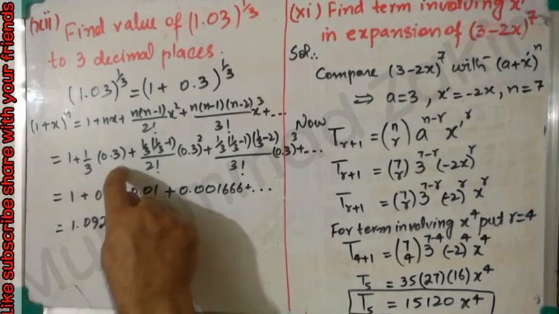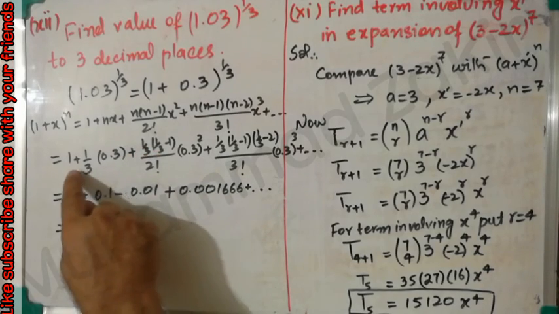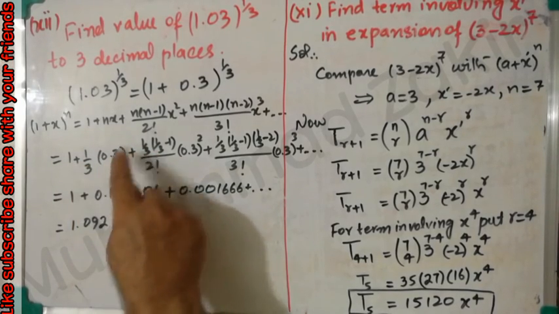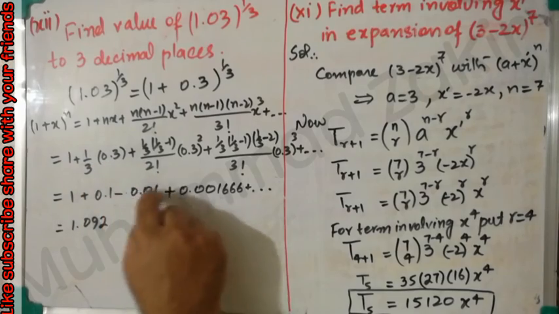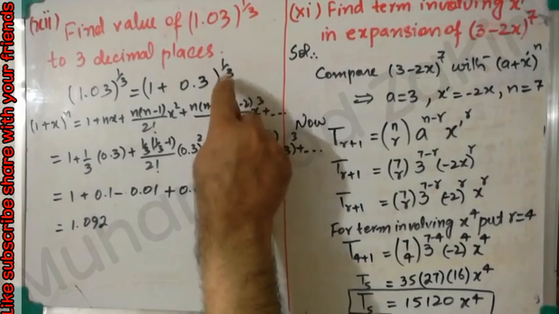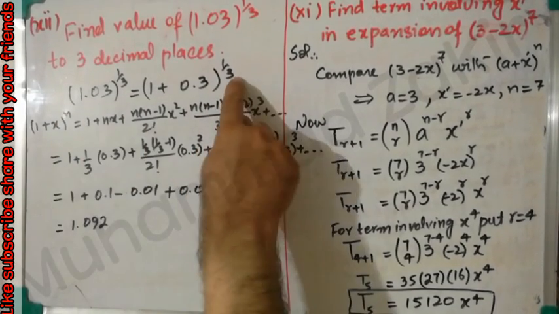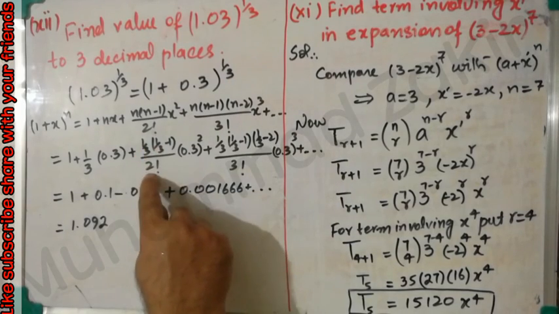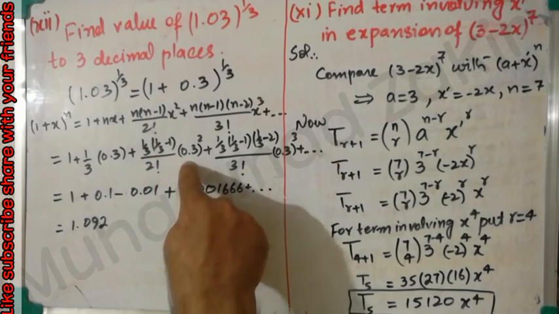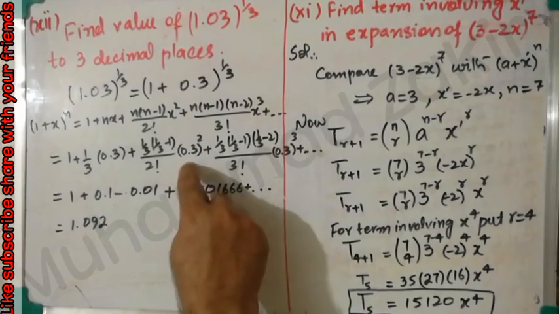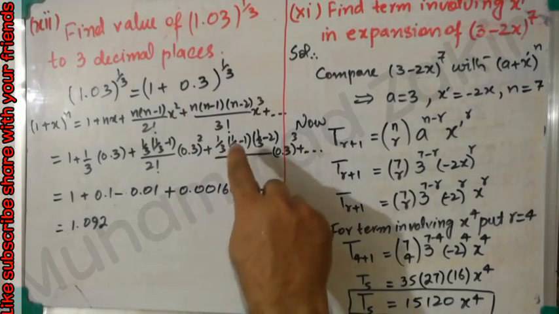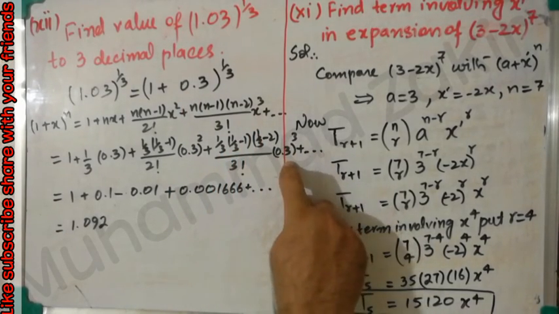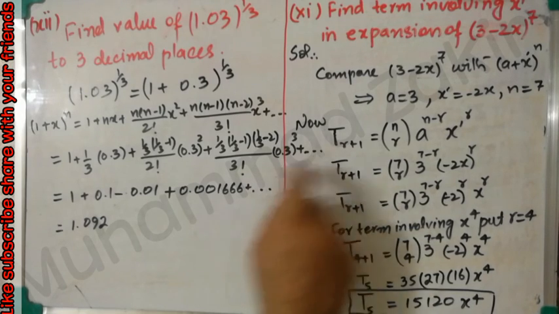1 plus 1 by 3 into 0.03. Look at it, 1 plus nx, this is n, this is x. Then we write n(n minus 1) by 2 factorial, x square. This acts as x here, 0.03, its square. Then n(n minus 1)(n minus 2) by 3 factorial, x cube, and so on.